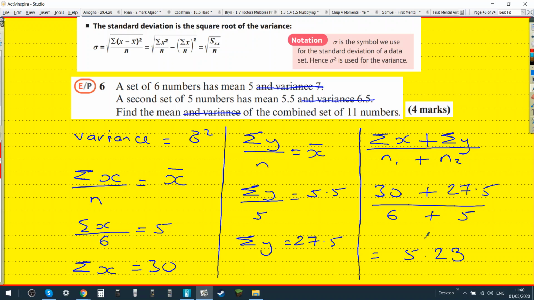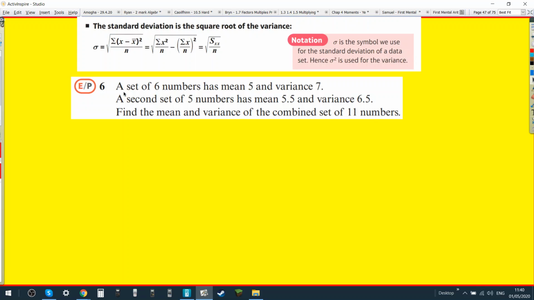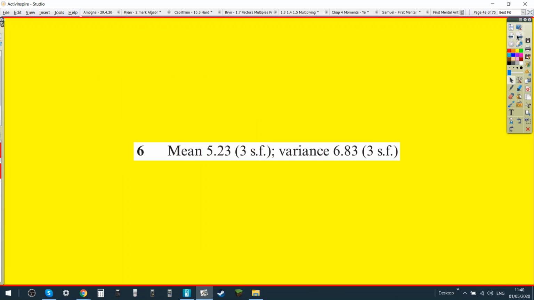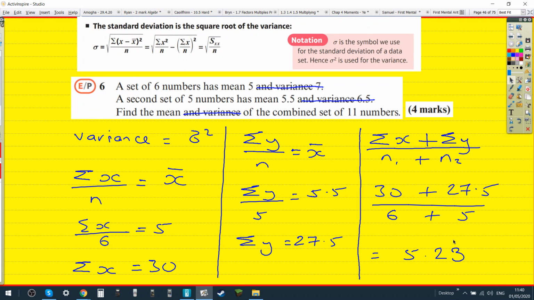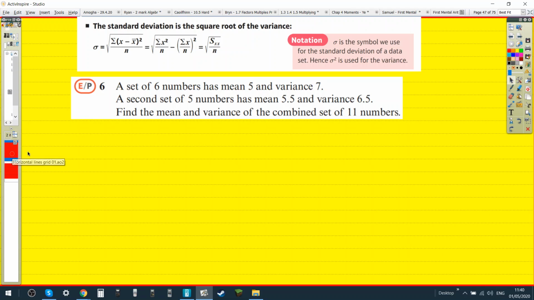We did this one lesson ago and you got it first shot. I think it's because you've got this variance stuff going on that threw you a bit. Speaking of which, now let's try something similar with variance. So 5.23 for mean. We got it. Let's try something similar. Variance.